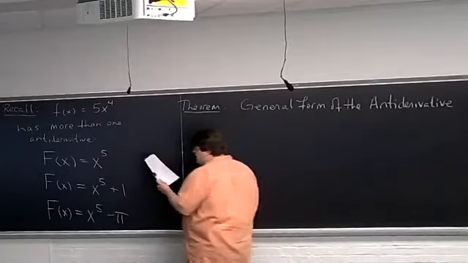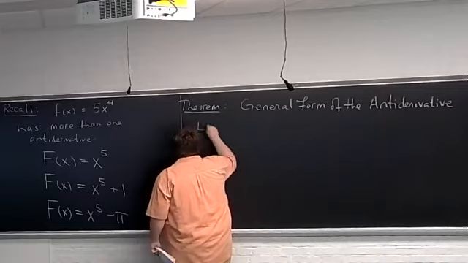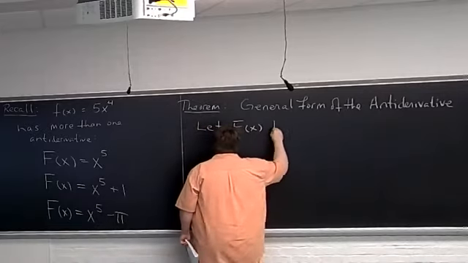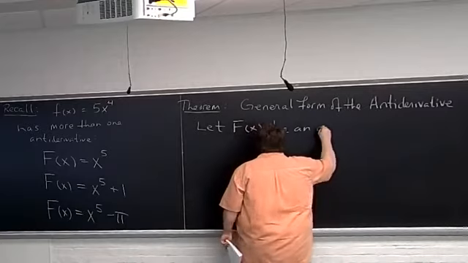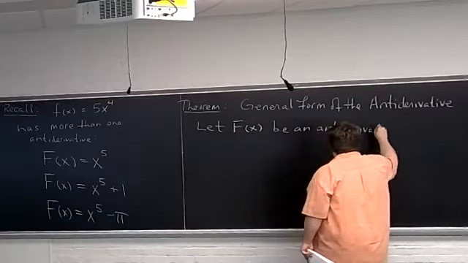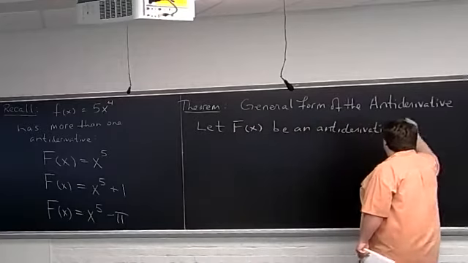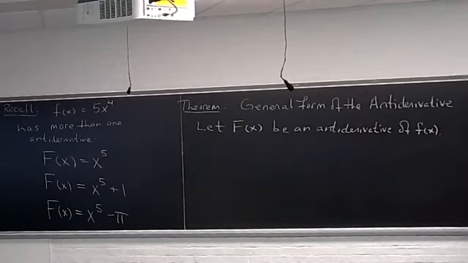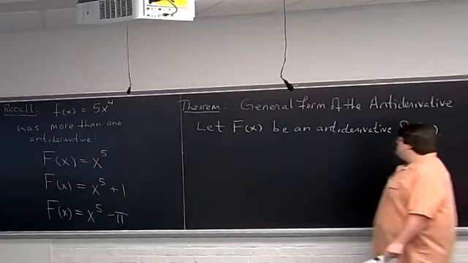So let's write that down. Let capital F be an antiderivative of lowercase f. So capital F is an antiderivative of lowercase f, meaning capital F prime equals lowercase f.